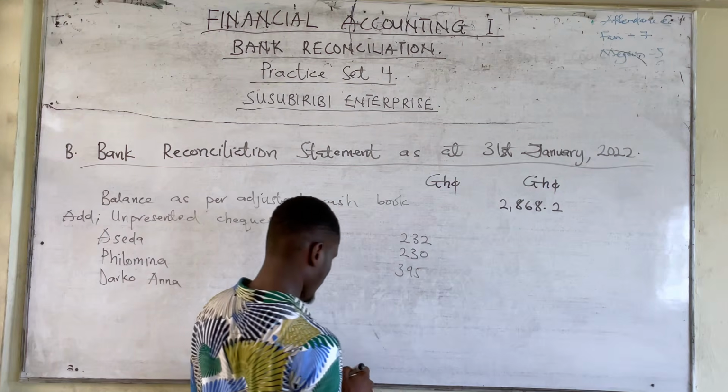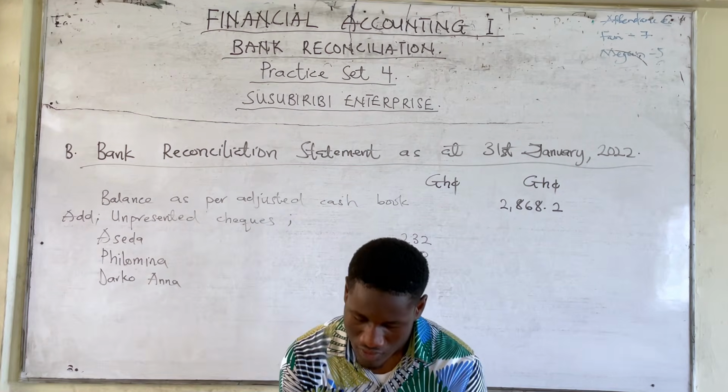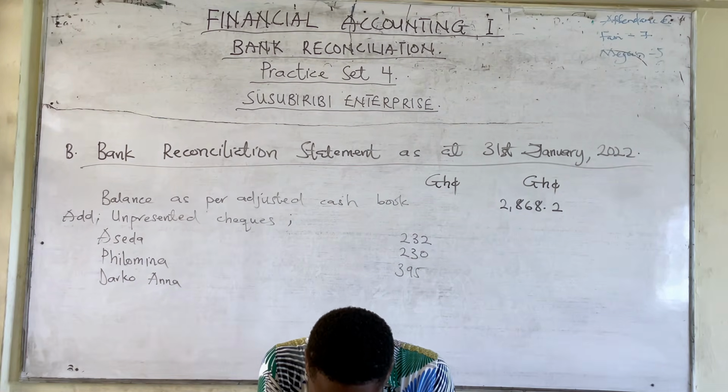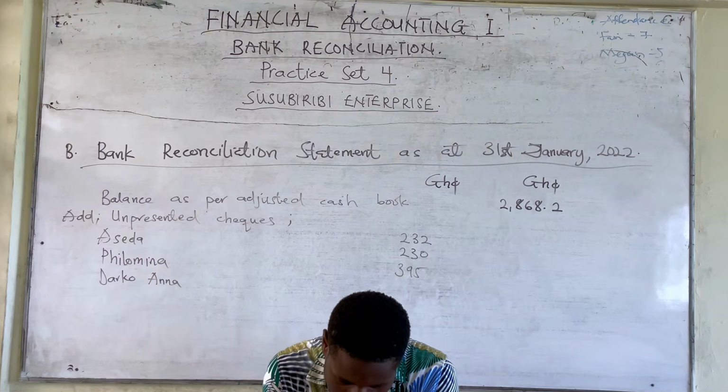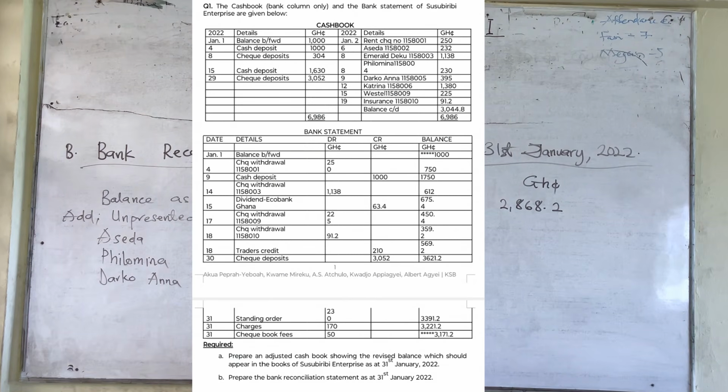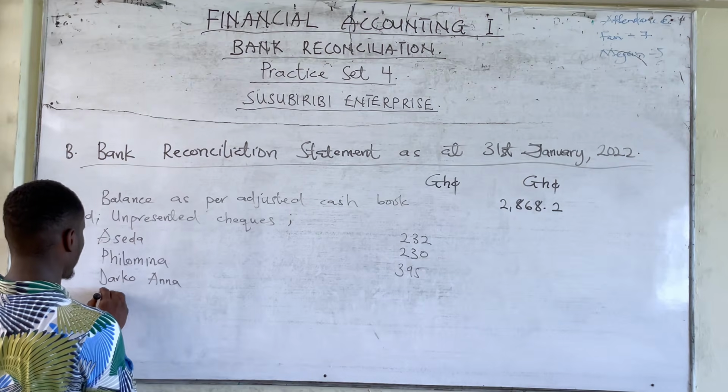Good. Then we have Katrina. Katrina was credited but was not debited in our bank statement. Good. So we are going to record Katrina too.